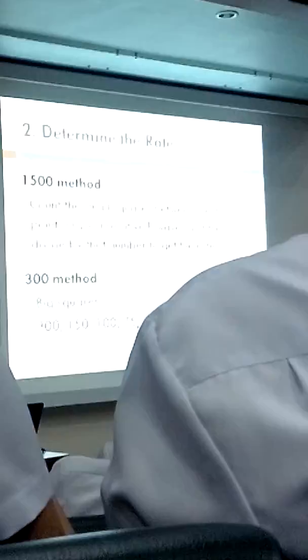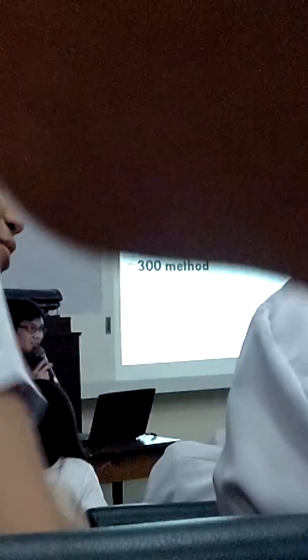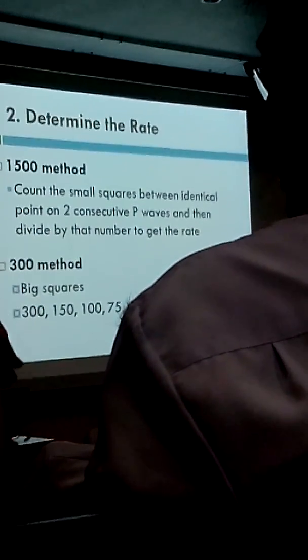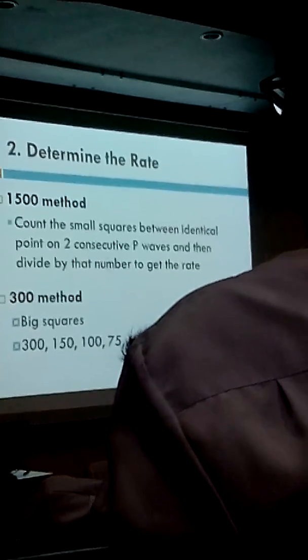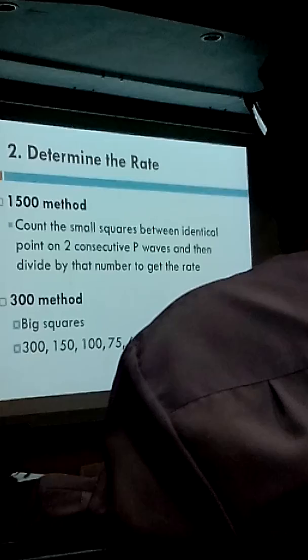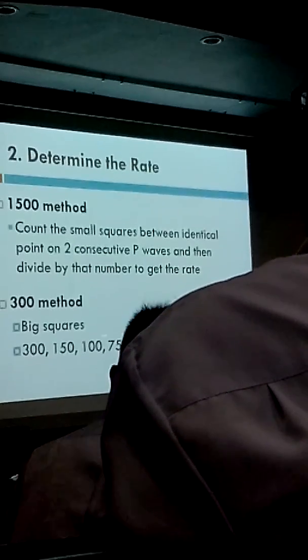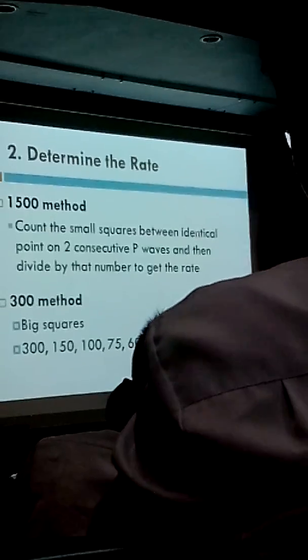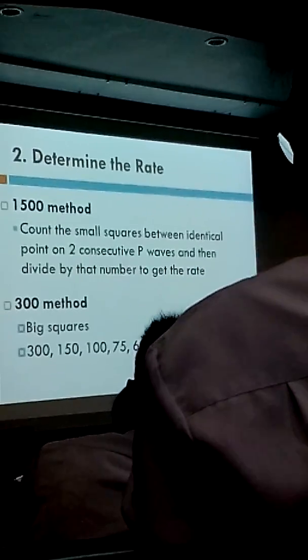So next is the rate. How will you be able to determine the rate? You remember the squares in the grid of the ECG? When we talk about the rate, we have two methods, the 1500 method or the 300 method. The 300 method deals with the big squares, and the 1500 method deals with the small squares.